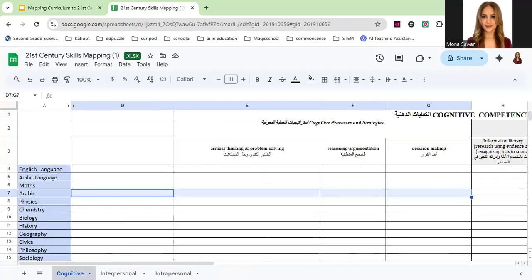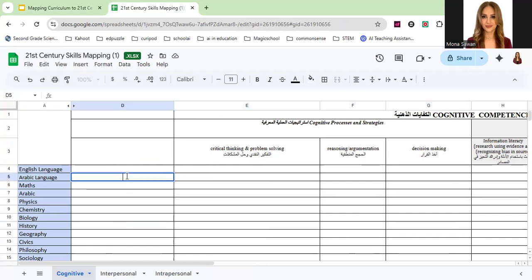Now I will model how to plan one lesson using a balanced selection of competences. This is the cognitive competences. I will choose the Arabic language.